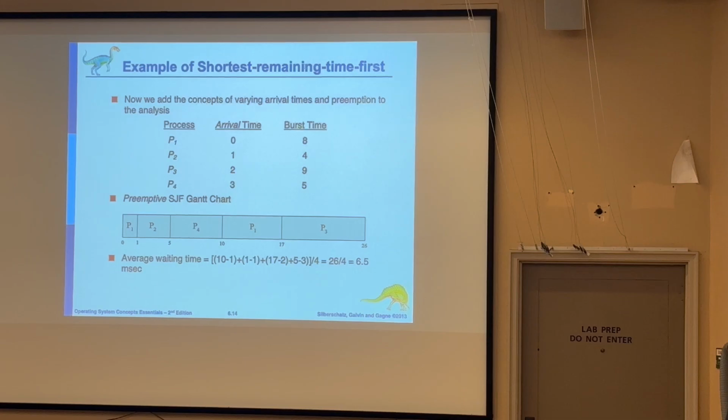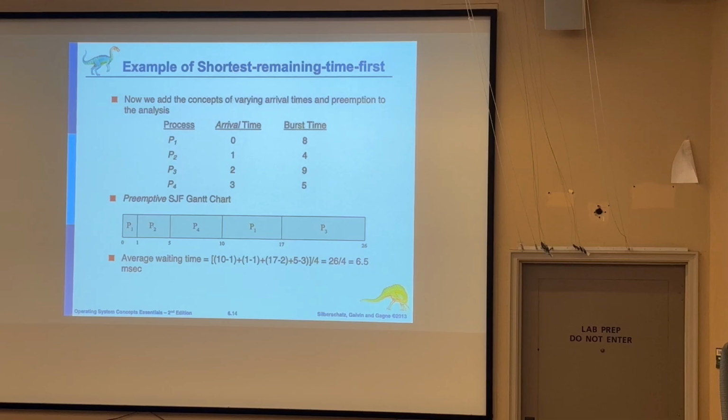So when P2 arrives at time 1, it knows the remaining time of P1, which is 7. If P1 executed starting from time 0, its remaining time is 7 at time 1. It compares 7 and 4, which are the remaining times of P1 and P2, and decides which one needs to be scheduled.